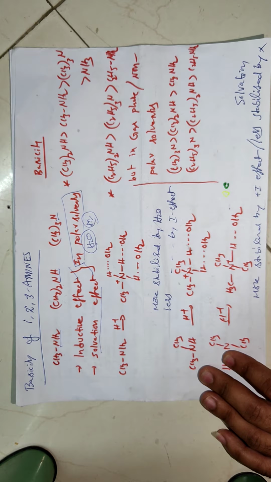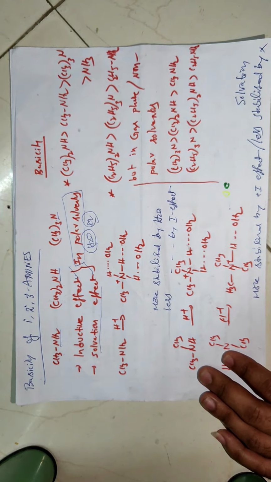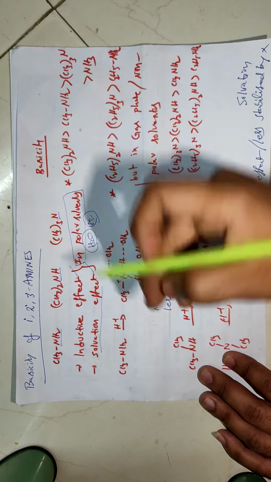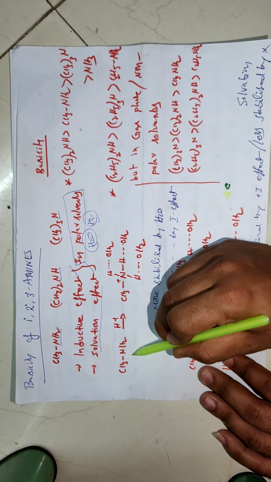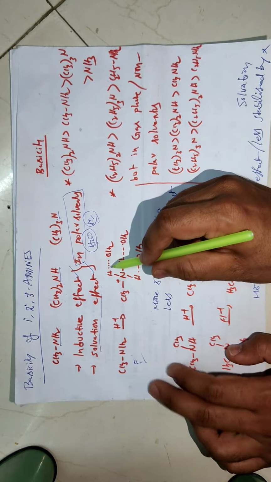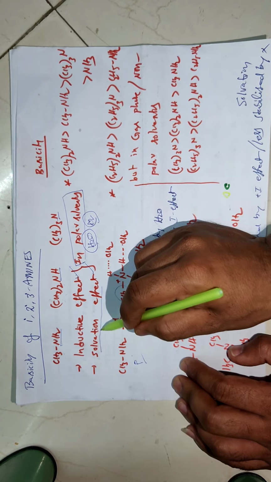Now generally a cation is stabilized by the inductive effect. And what is the role of the solvation effect? Take the conjugate acid of methylamine, that means the primary amine, with one methyl group. What is the solvation effect here?